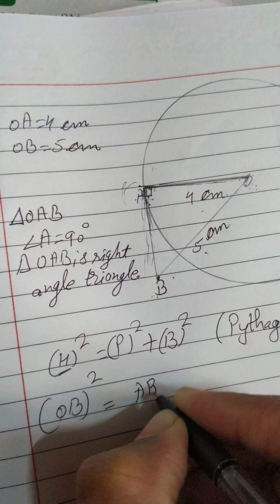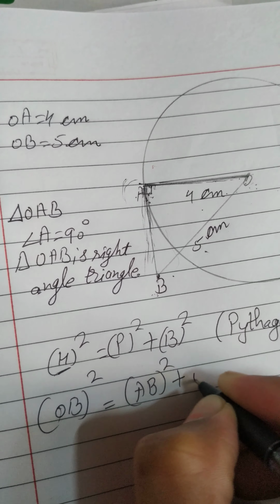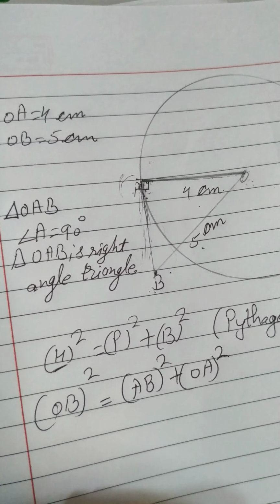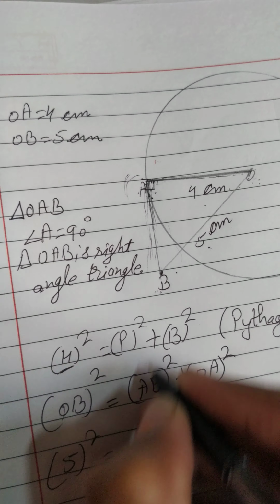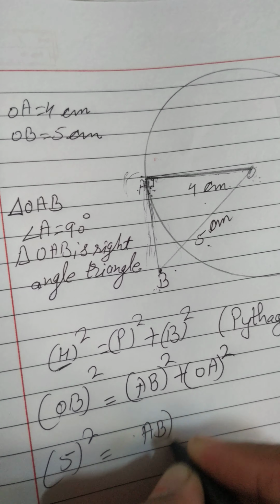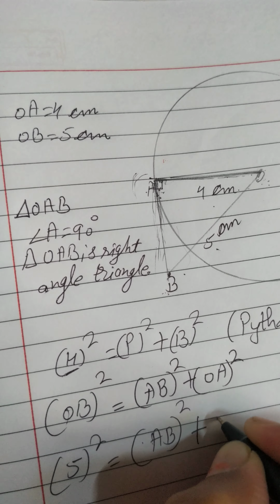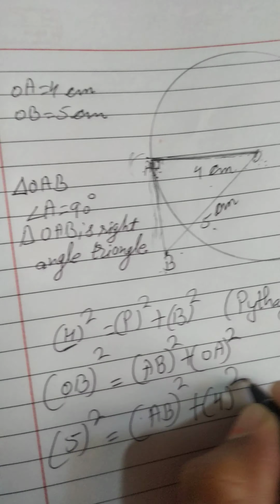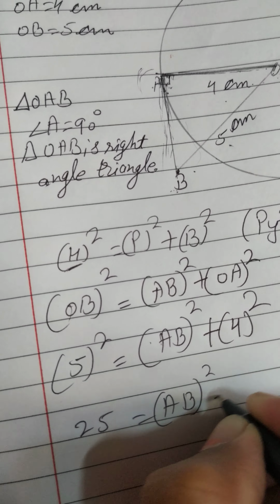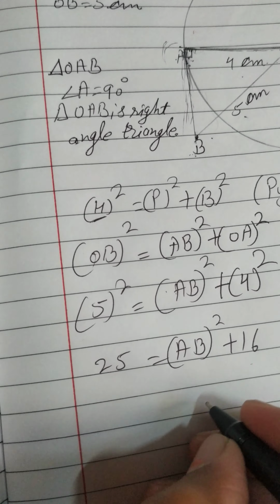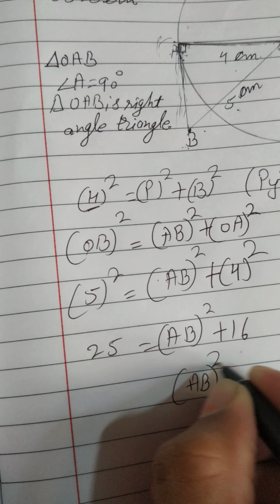So AB square plus OA square. Length of OB is 5. AB you have to find. OA is 4. 5 5s are 25. 4 4s are 16. We have to find the value of AB square.